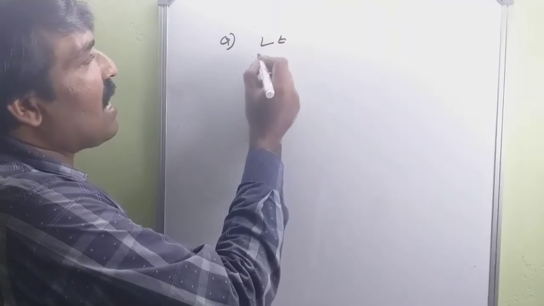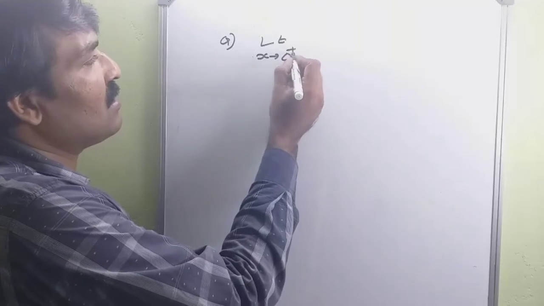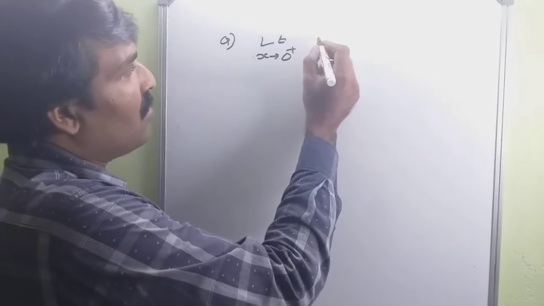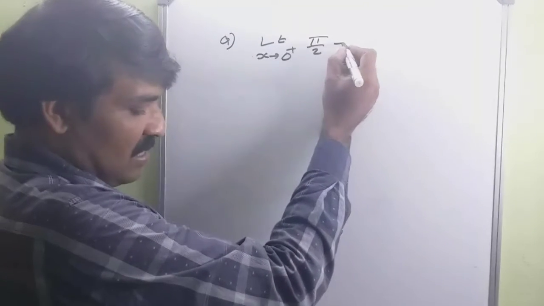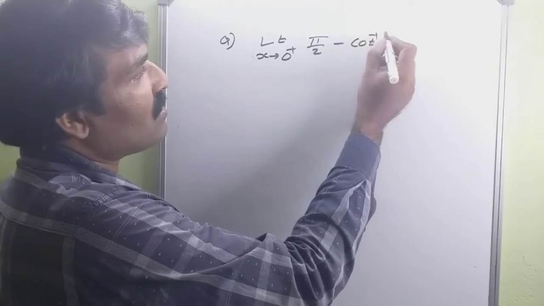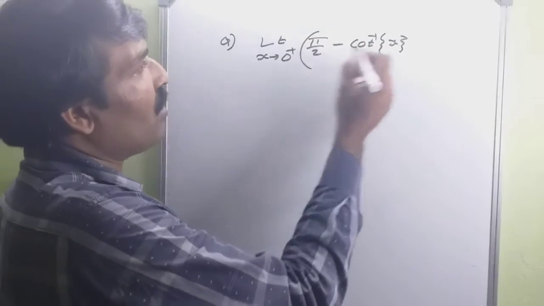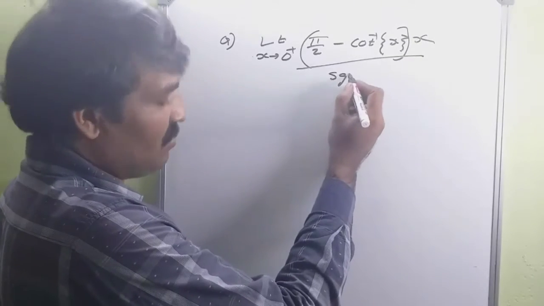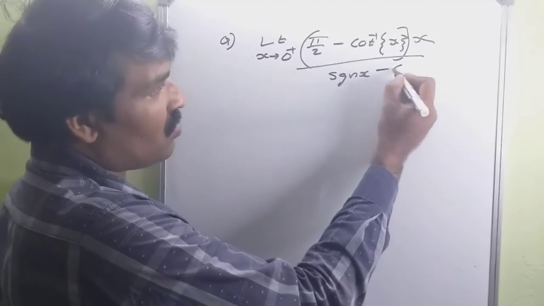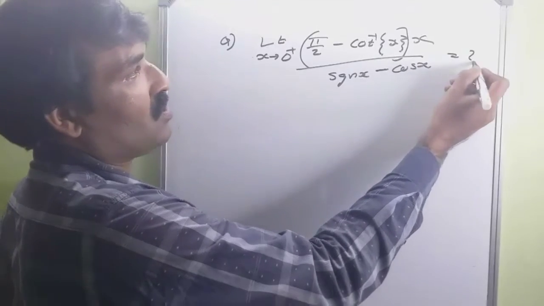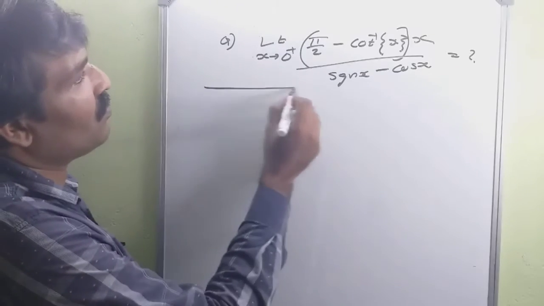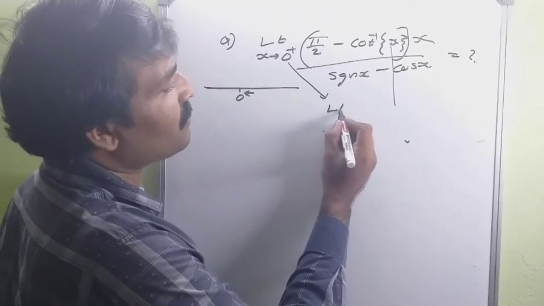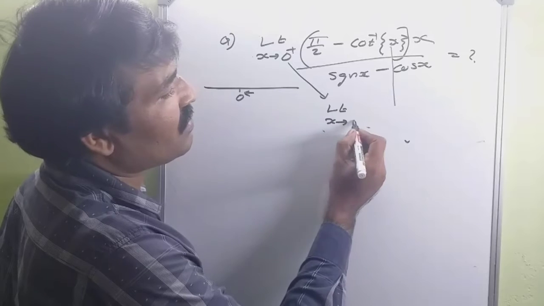Next: limit x tends to 0 plus, that is the right hand limit, of (pi by 2 minus cot inverse of fractional part of x) into x, divided by signum x minus cos x, is equal to the question. Now x is approaching 0 from the right.